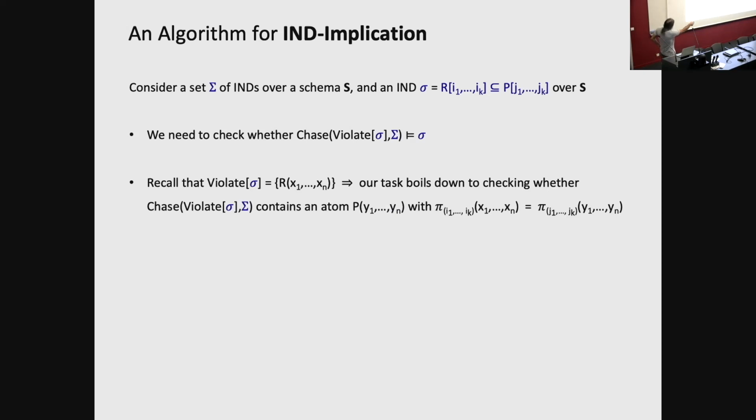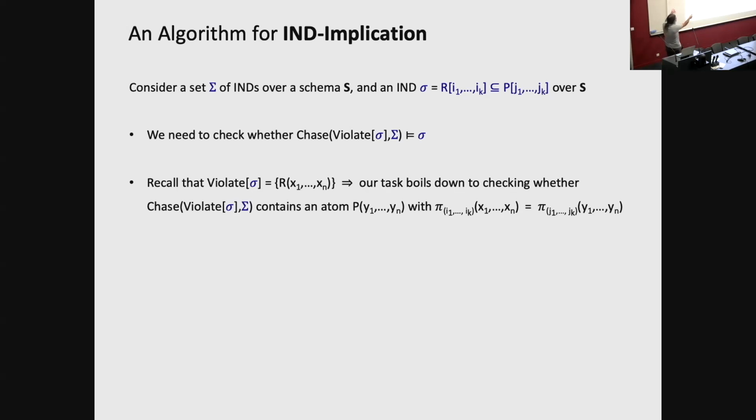Now, this check essentially boils down to what? Recall that this violate sigma is just a single atom, R(x1,...,xl). Which means that this task, whether the chase satisfies sigma of this form, essentially boils down to checking whether this set of atoms, which we built via the chase, contains a P atom where this projection equality holds.